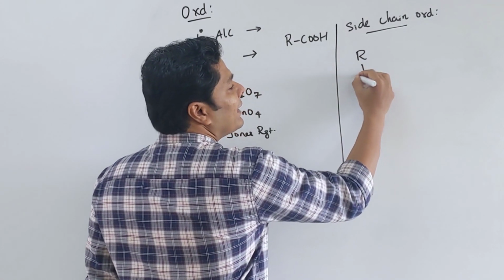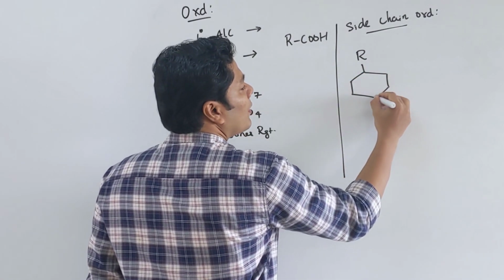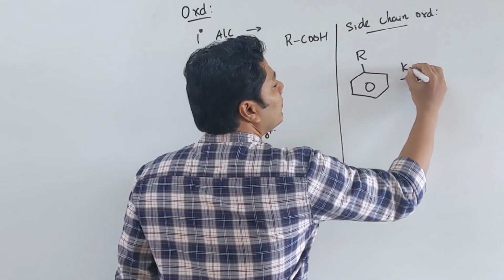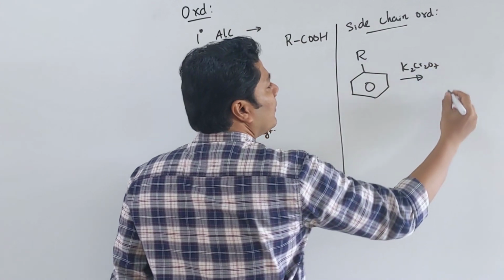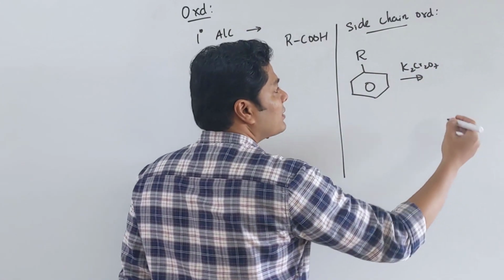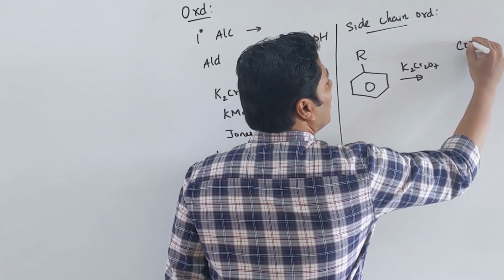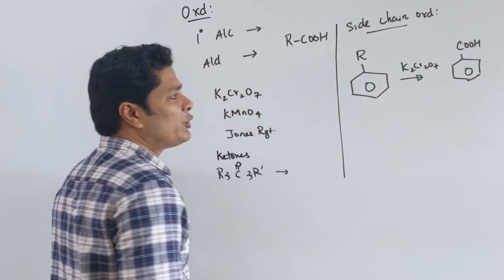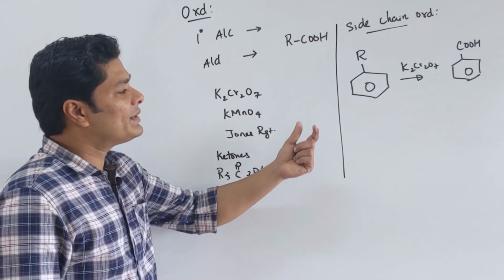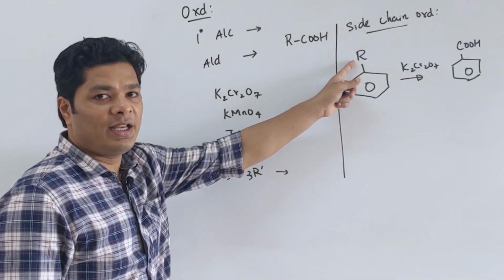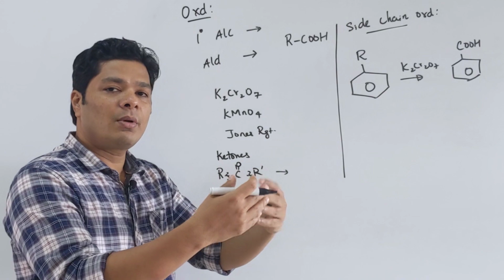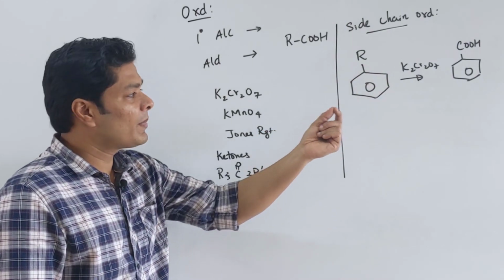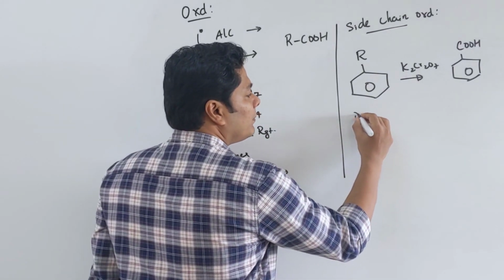So if you have an alkyl benzene and you oxidize with K2Cr2O7, you will get benzoic acid. A couple of things you want to know: the length of the R group doesn't really matter. If there are 2 carbons, 3 carbons, 5 carbons, it will just completely go away and give you just 1 carbon, COOH. That's one.